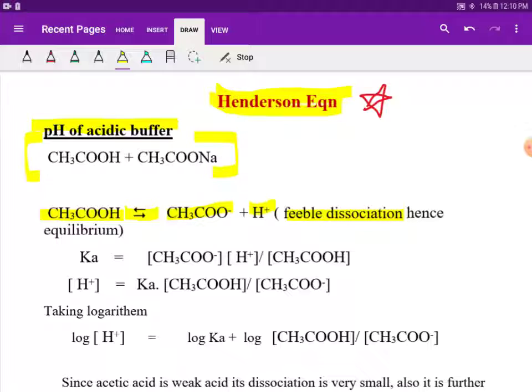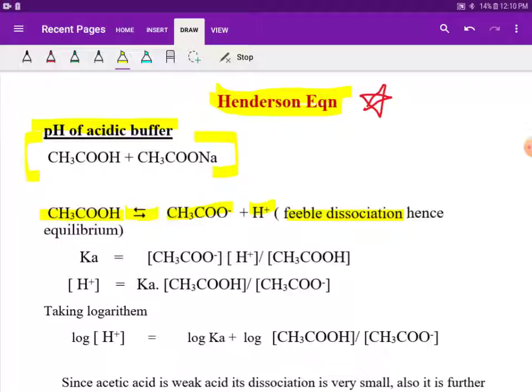That is the ionic equilibrium of acetic acid. And there is another equilibrium, a fully dissociated equilibrium, between the salt, sodium acetate, and its ions, acetate ion and Na plus.